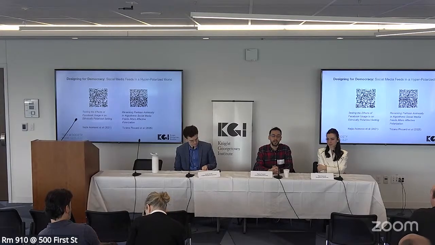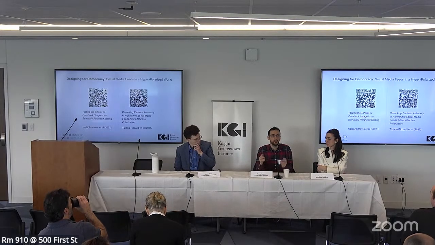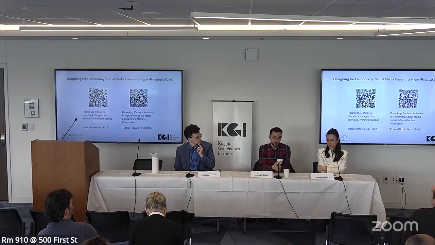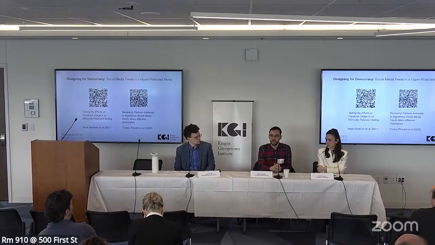So it's becoming harder and harder to test interventions and alternative designs as an independent researcher. One of the contributions of our work was exactly how to solve this problem: developing a system that allows anyone to change the algorithm externally. We released the code open source, so it's available for other researchers to test and run their own experiments.